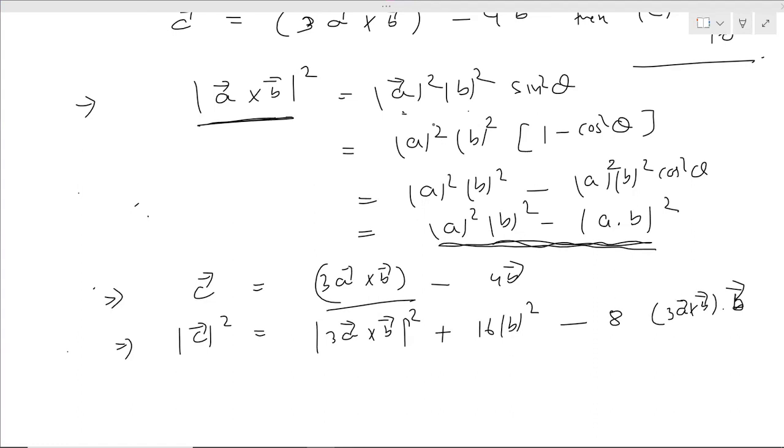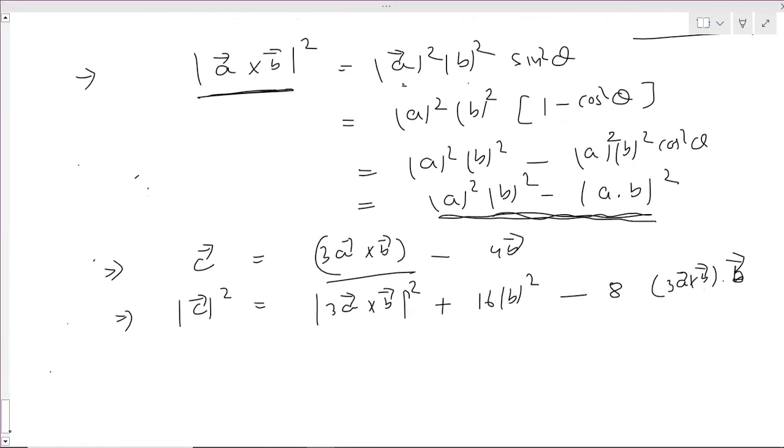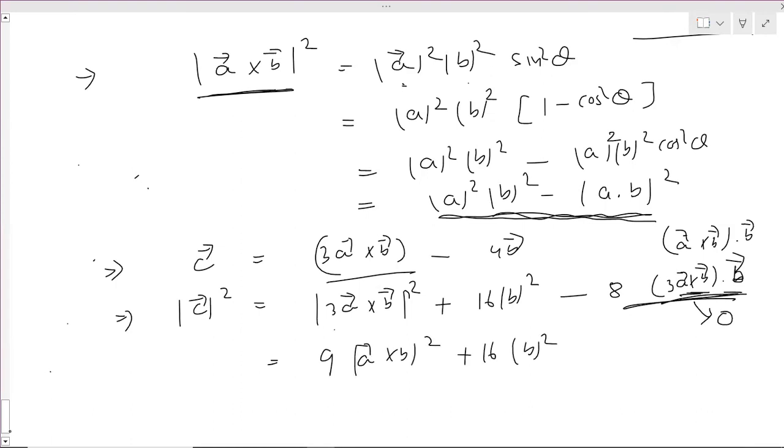Now let's look at this closely. This is A cross B dot B, a scalar triple product, so this is simply 0. Now here I can take 3 outside. So this is 9 A cross B square plus 16 B square.